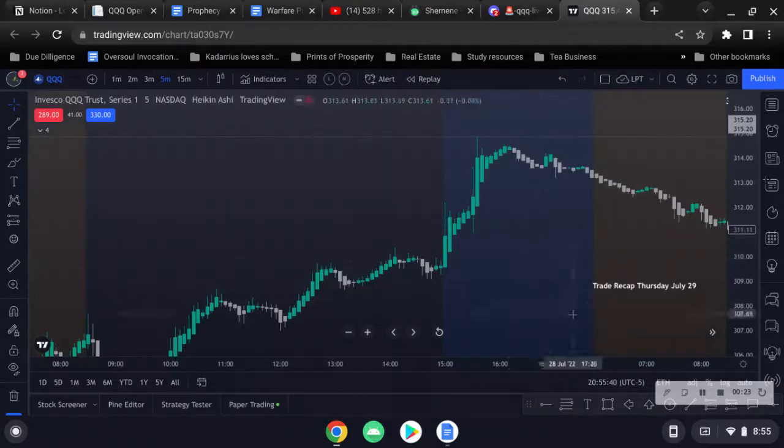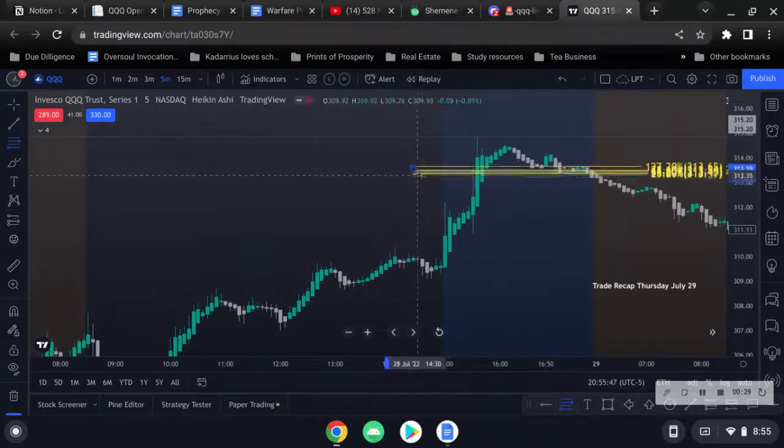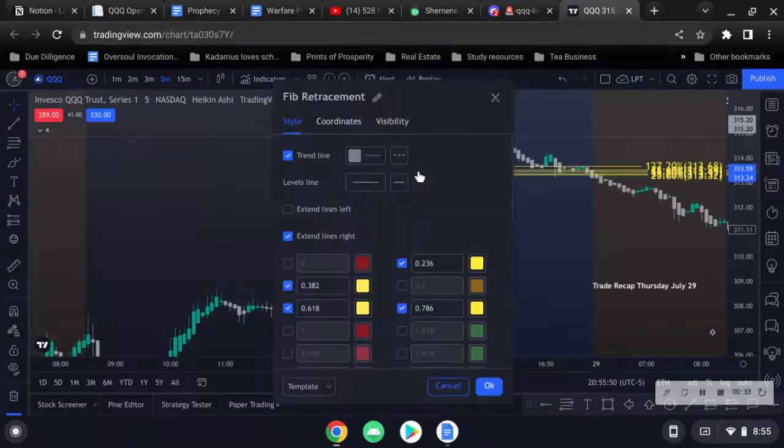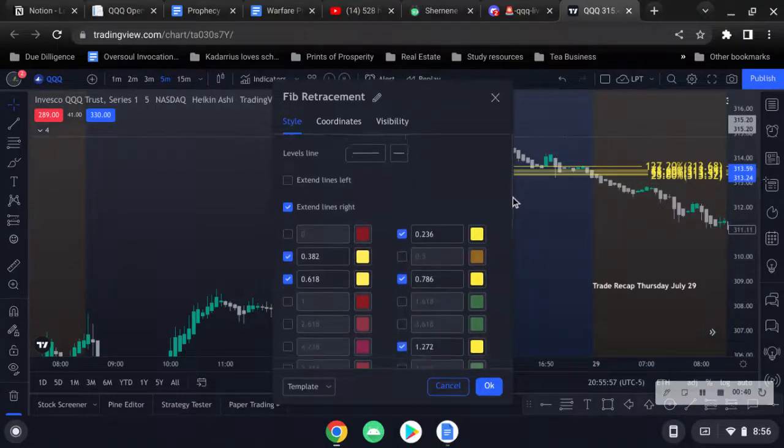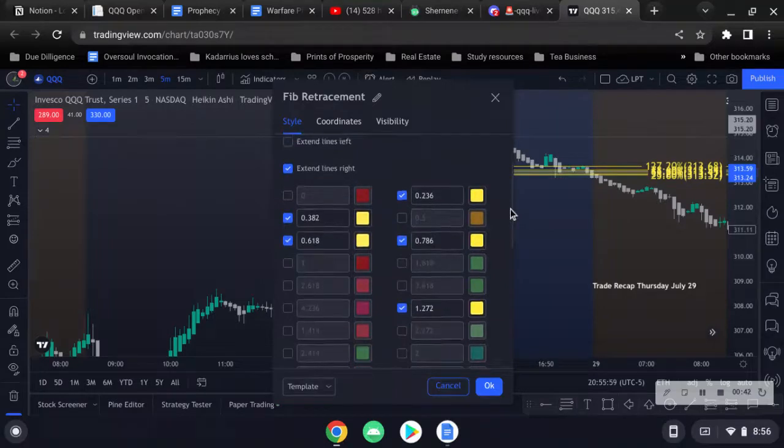So I guess the first thing I need to do is go to the retracement, and I'll show you my properties. The only levels that I have are the 382, the 618, the 236, the 786, and the 1272 levels.